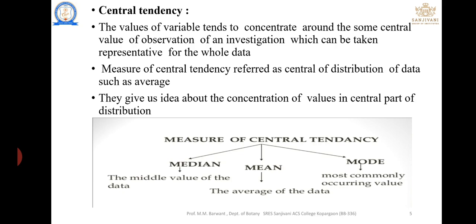Let's see what is central tendency. The values of a variable tend to concentrate around some central values of data, and those values represent the whole data or the whole population. That is known as central tendency. It is a simple concept. Suppose data is given in 10 numbers: 1 2 3 4 5 6 7 8 9 and 10.